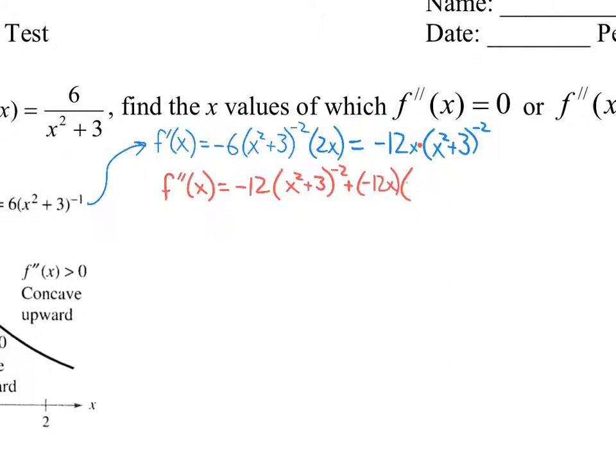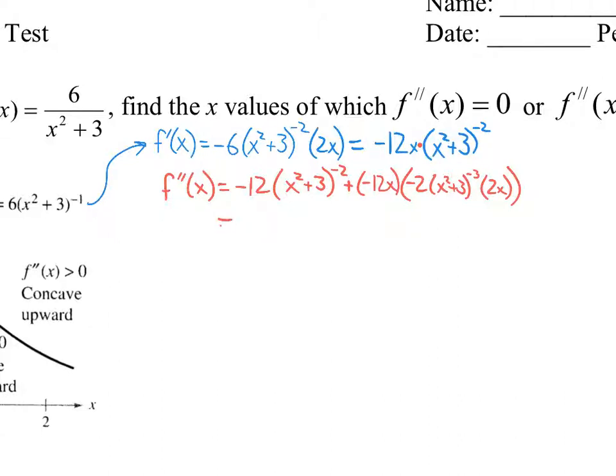So that's going to be negative 2 times x squared plus 3 to the negative third power times 2x. Okay? So some simplifying here would be really helpful.